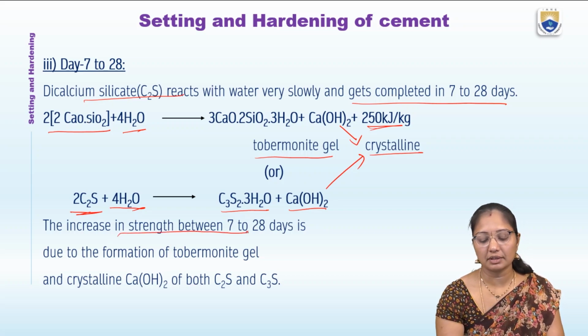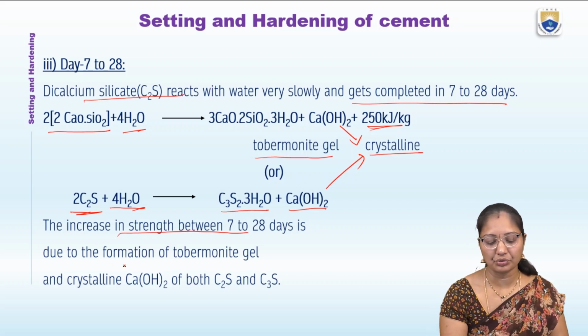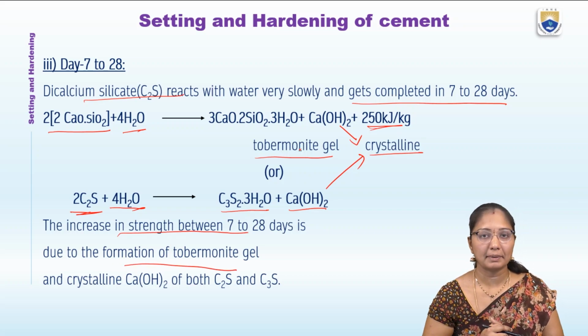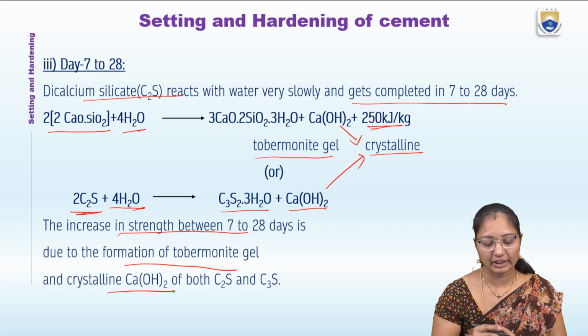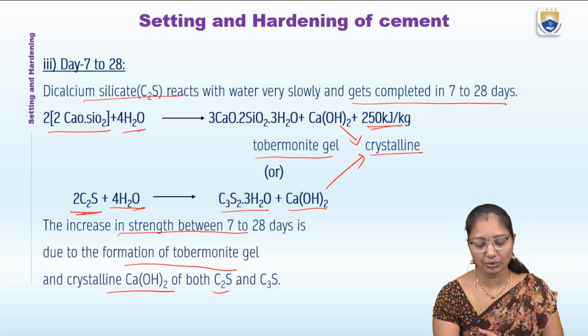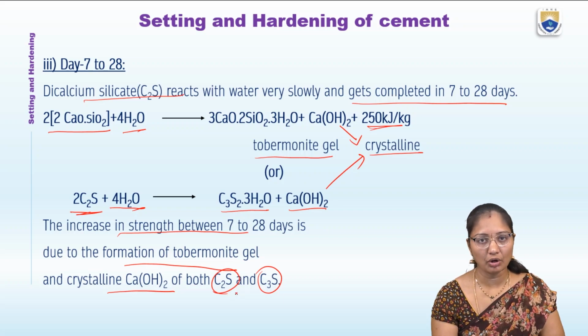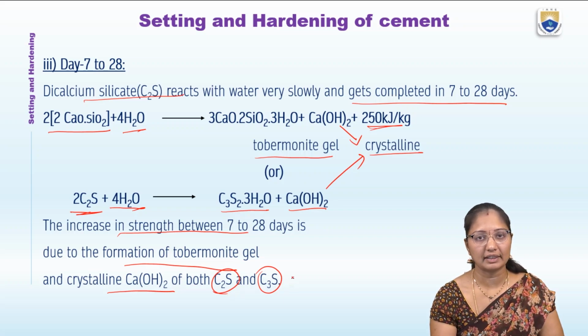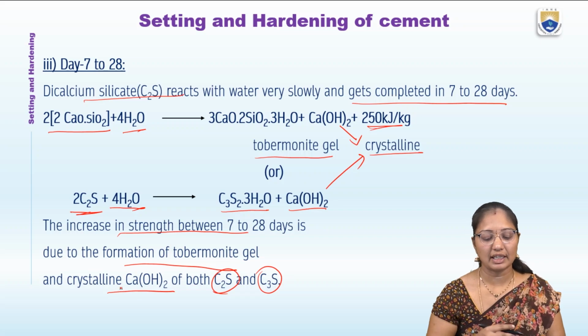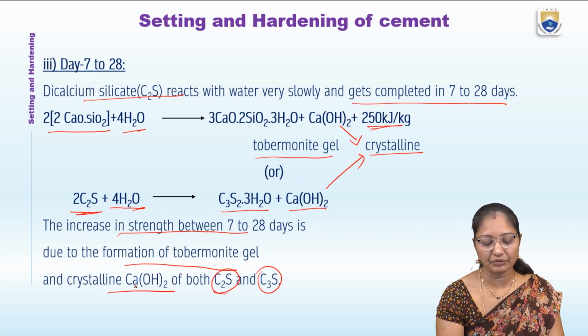The increase in strength between 7 to 28 days is due to the formation of tobermorite gel and crystalline calcium hydroxide from both C2S and C3S, meaning the dicalcium and tricalcium sulfur complexes.